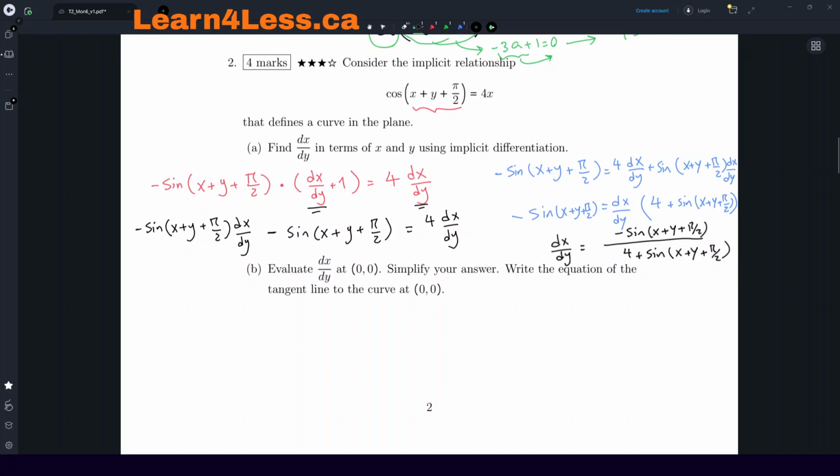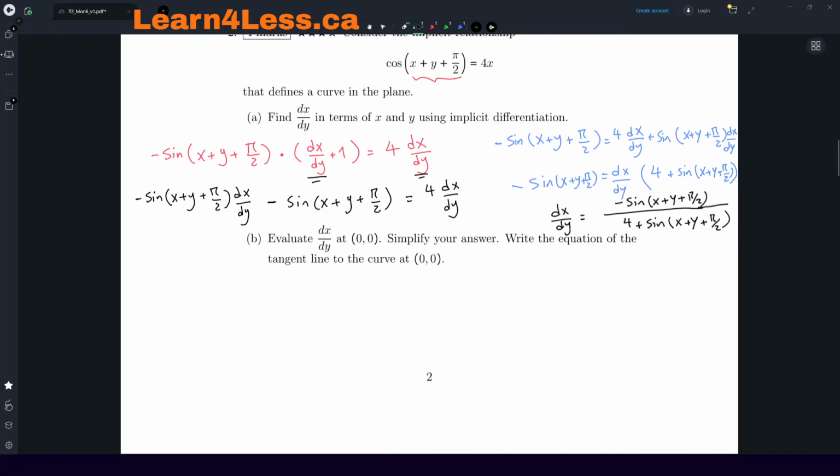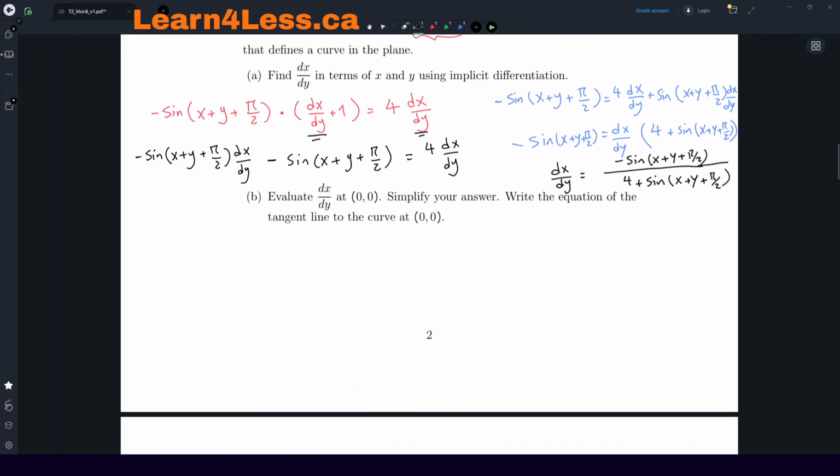This gives us the derivative of x with respect to y implicitly. It's not in terms of x alone or y alone, it's in terms of x and y. So this is implicit differentiation. And now they are saying evaluate dx over dy at 0, 0. So we just evaluate this when x and y both are 0.